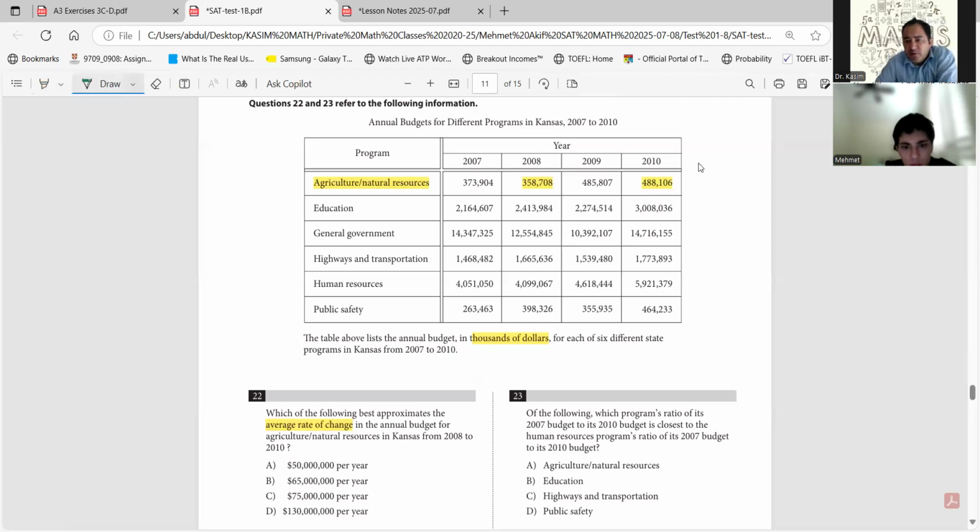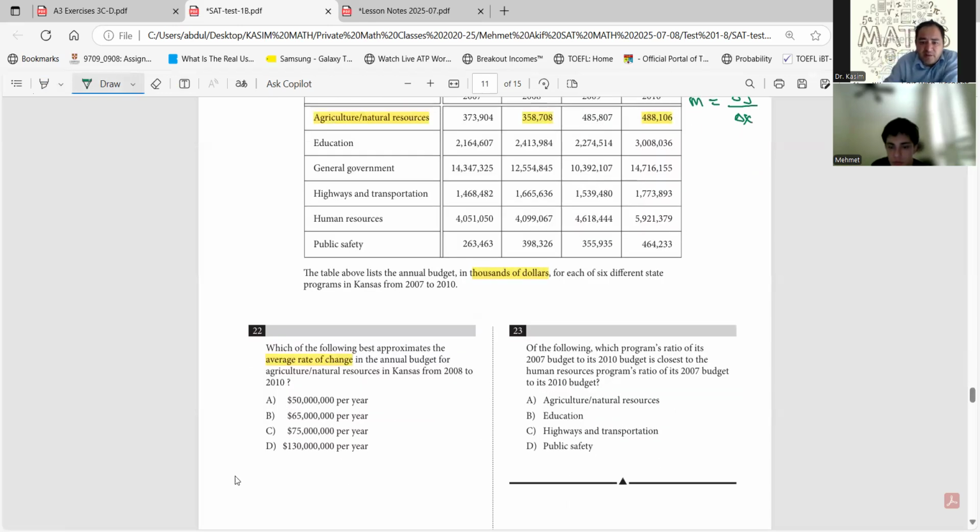We use this formula, right? If you remember the average change, how to calculate this: change in the value of y, that is the amount here, and the change here in time, right? Now, what is the change in amount?